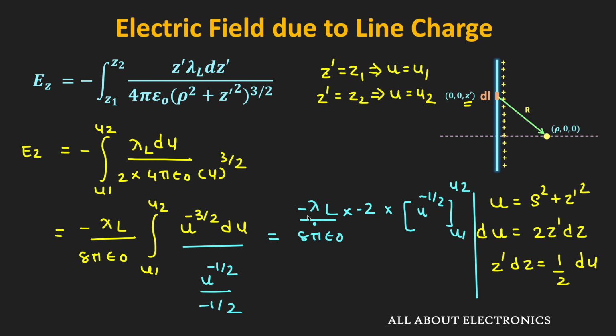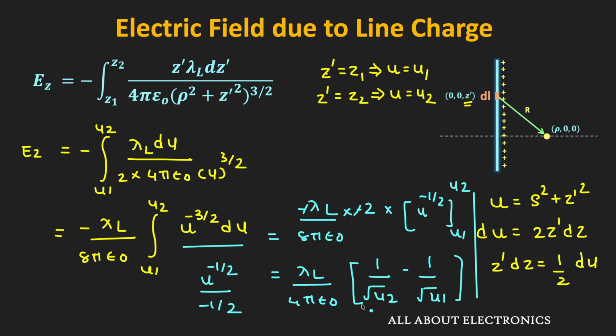So here the minus minus sign will get cancelled out, and further it can be written as lambda L divided by 4 pi times epsilon naught times 1 divided by the square root of u2 minus 1 divided by the square root of u1.